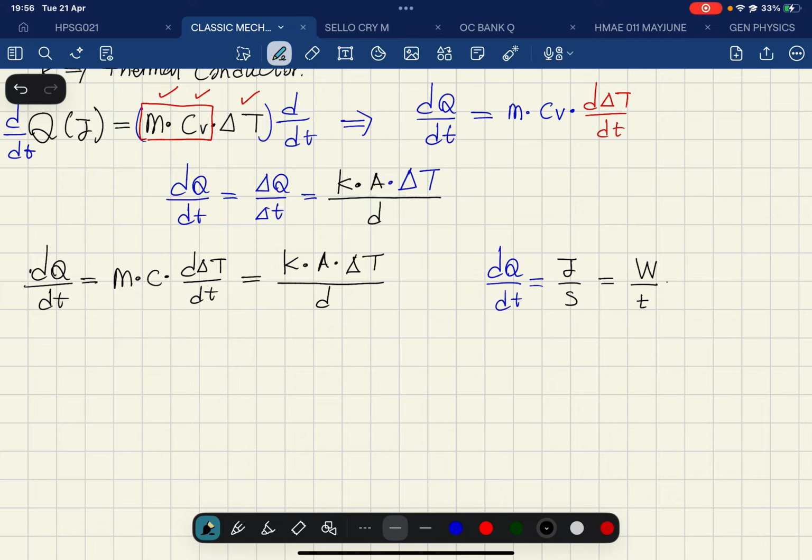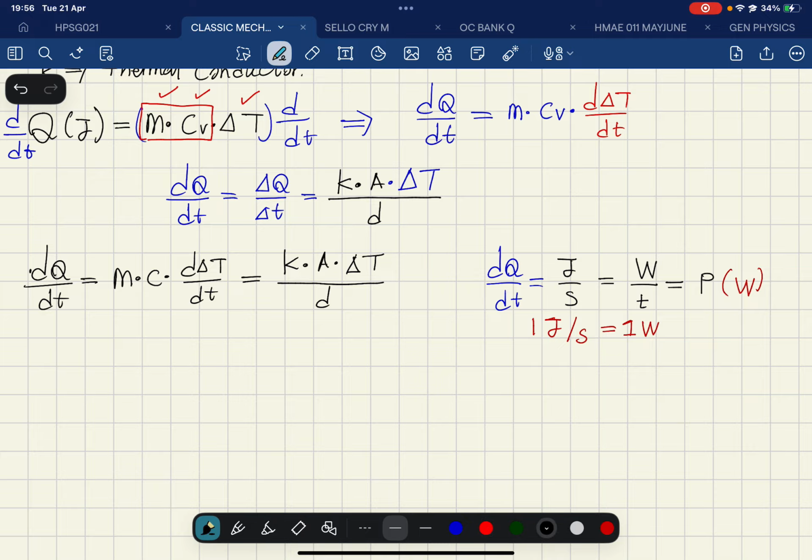So work over time, we know it is equal to power. So what is the SI unit of power? The SI unit of power is watts. Understand? So basically, for every 1 joule per second, we have 1 watt, which means these SI units are equal. Which means I can simply say the SI unit of dQ over dt is the same as watts.